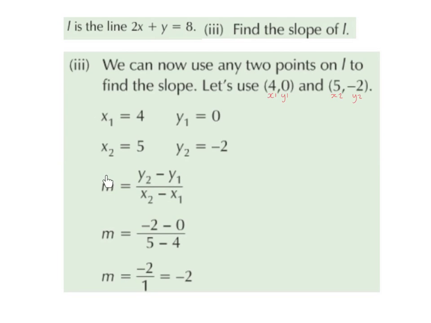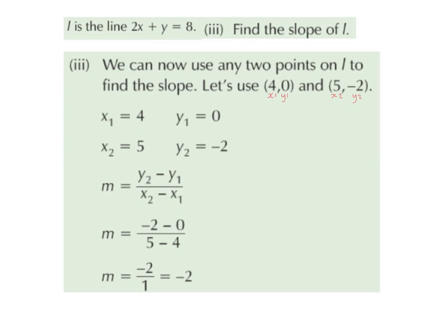M represents slope, and that equals y2 minus y1 divided by x2 minus x1. So we swap the y2 for minus 2, bring down the minus. We swap the y1 for 0, and that's divided by. We swap the x2 for 5, bring down the minus, and we swap the x1 for 4.